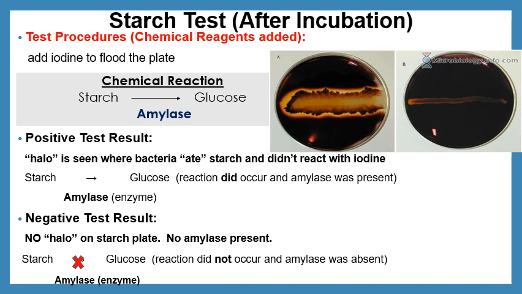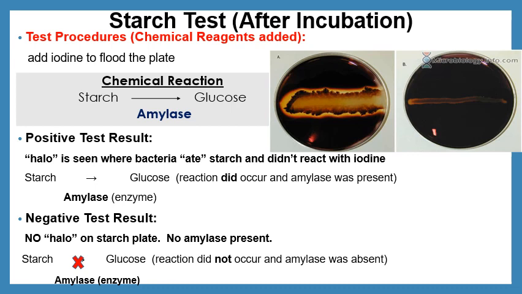So after 48 hours of incubation, you'll take your plate out of the incubator and you're going to add enough iodine to flood the plate with the iodine. The chemical reaction is starch is broken down into, which is the arrow or yields symbol, glucose. Starch is the polysaccharide and glucose is the monomer. This occurs by using the enzyme amylase.